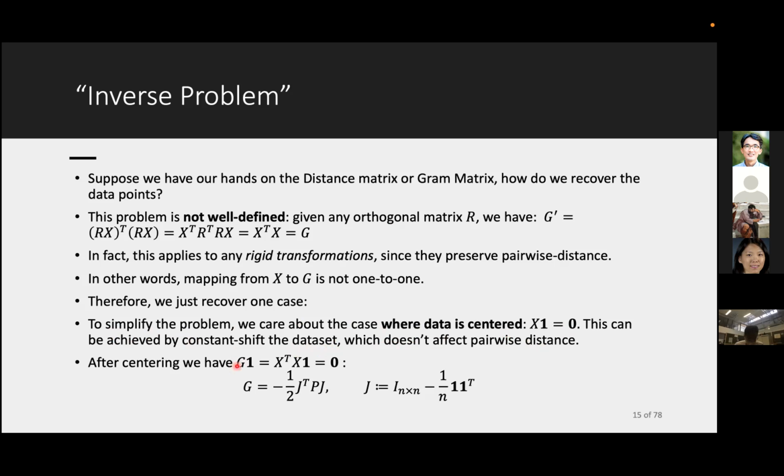After centering, you can see that the gram matrix also is centered. And with the notation again, if I define this J matrix, which is called a centering matrix, this way I can write the gram matrix in this form from my distance matrix.